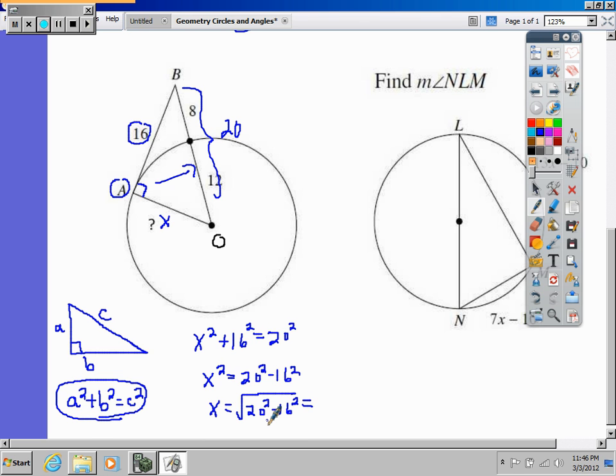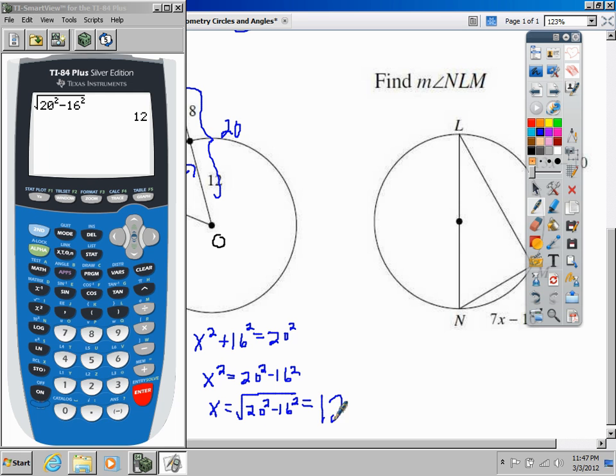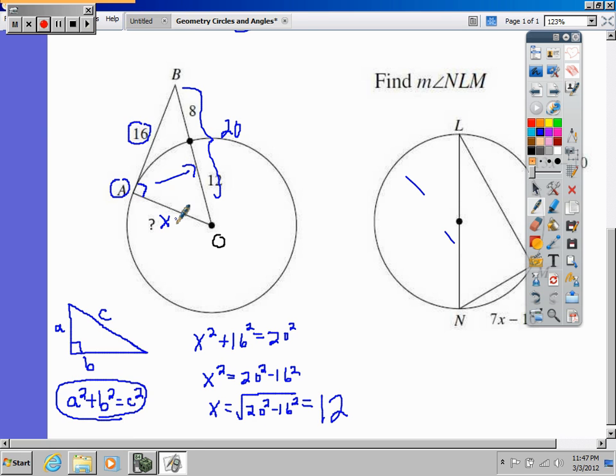So when I type this into my calculator, I would take the second x squared, which is my square root key. I'm going to do 20 squared minus 16 squared, and I get 12. So my answer to this problem, for this side of this triangle, is 12. 12 is the radius then.